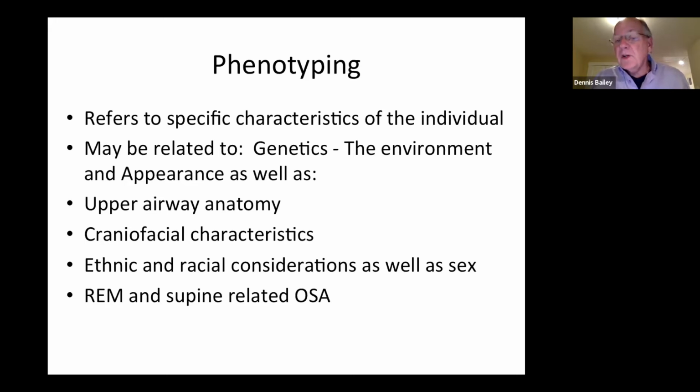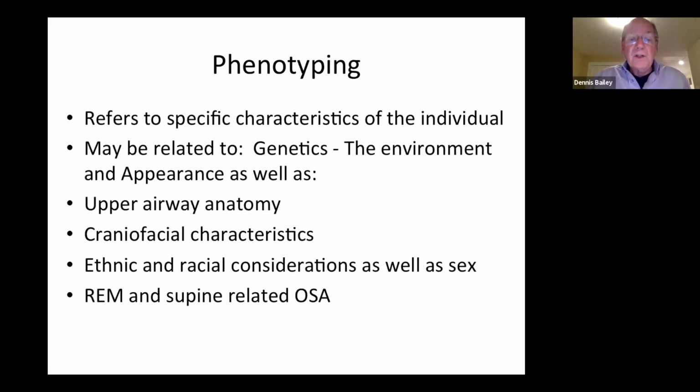It can be related to their genetics, to the environment, to their appearance, as well as to upper airway anatomy, their craniofacial characteristics, particularly the skeletal characteristics, ethnic and racial considerations, meaning that the Black population, or sometimes they're called African Americans, respond differently than Caucasians, differently than Asians, and particularly the Chinese and the Asian category, to how oral appliance therapy may work, as well as what their predilection is and what some of the conditions are that make them at risk for these disorders, as well as the differentiation between the sexes, male and female.